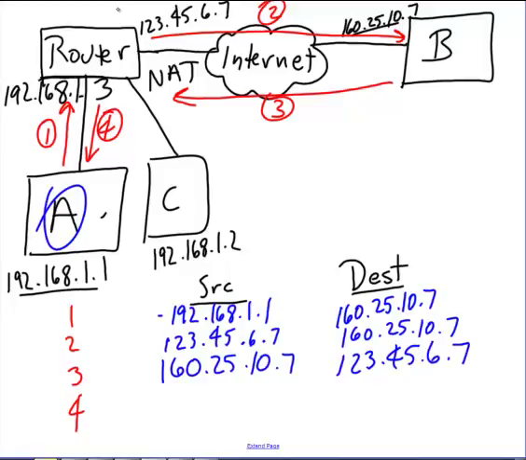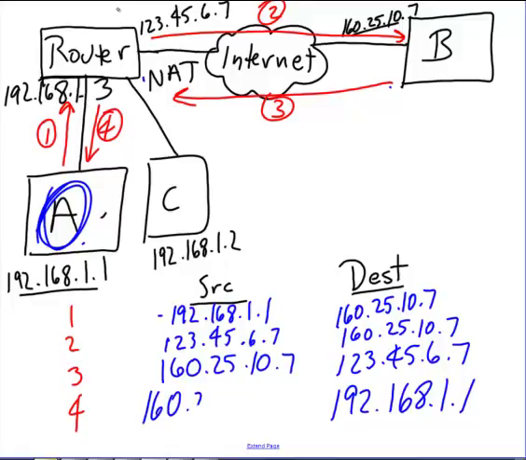The reason it sets the router as the destination is because it thinks the packet actually came from the router. So that packet goes back from B to the router. And now the router must rewrite the destination IP address to be its real destination, which is A. Source remains the same.